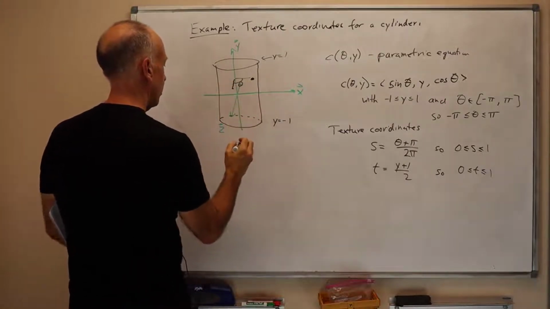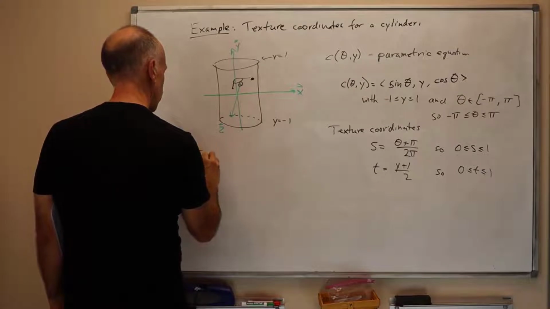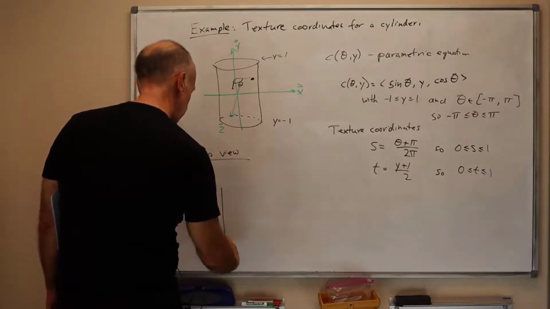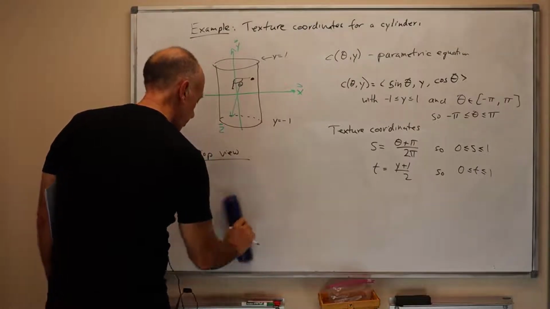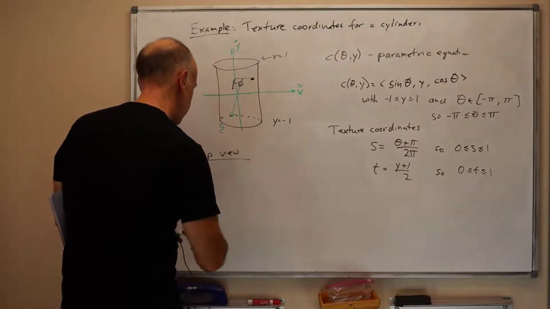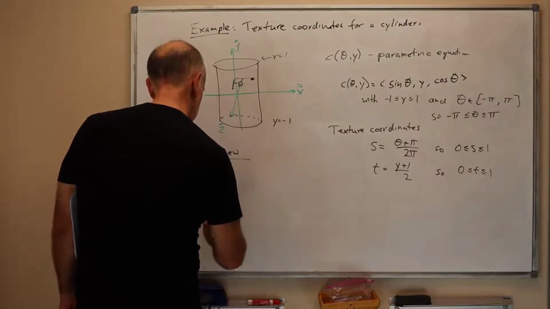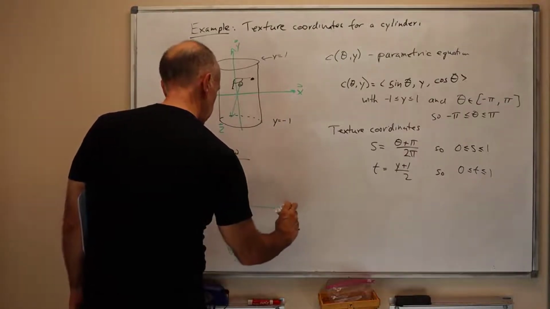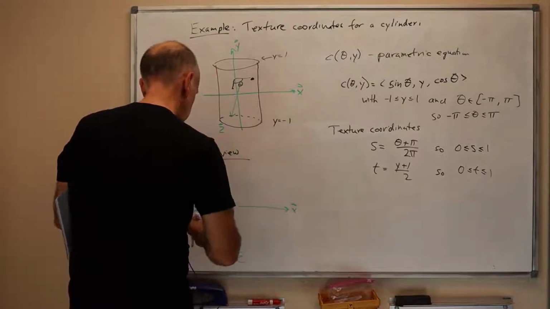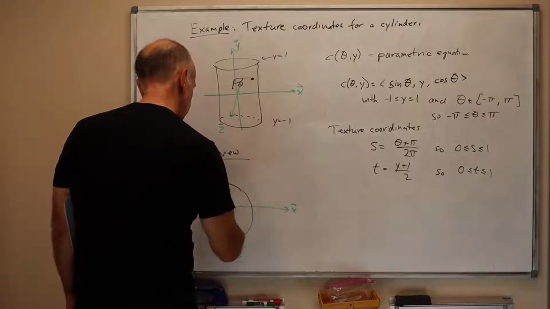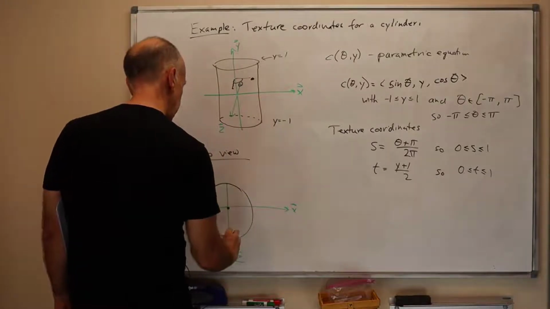If we unwrap the cylinder, let's do a top view of the cylinder. With a top view, I've got z pointing downwards, x pointing rightwards, and here's the top of the cylinder, here's the center.